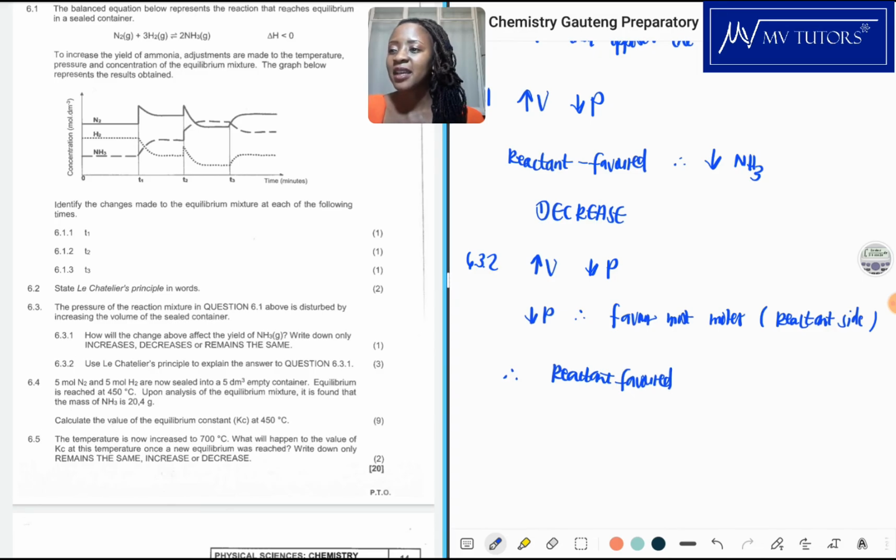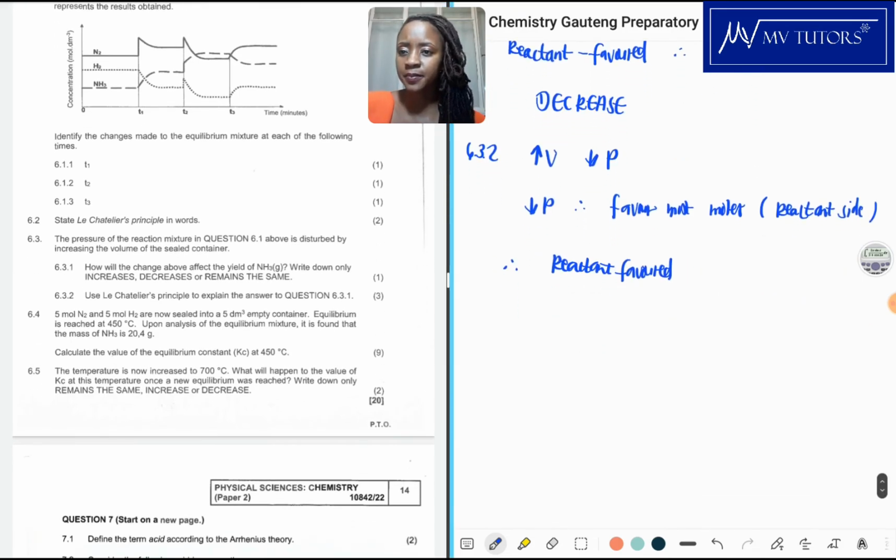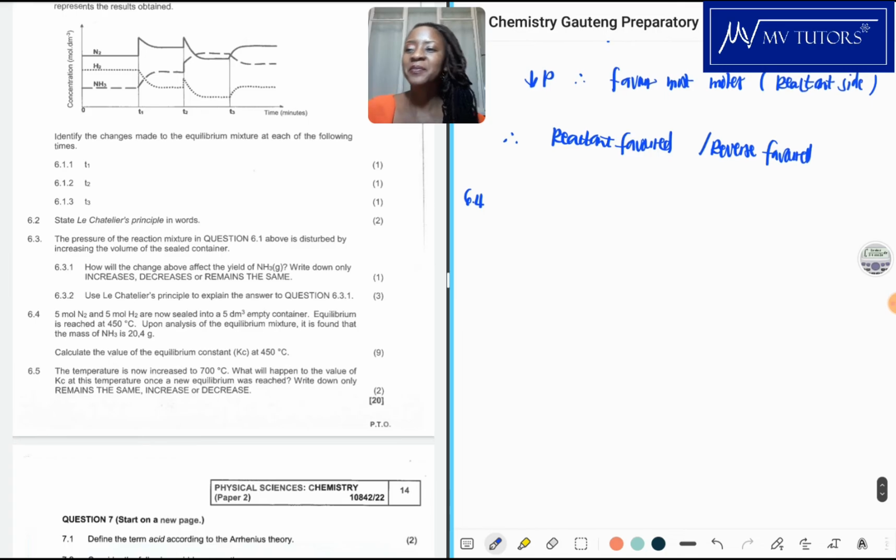Okay. And then 6.4. You can either say reactant favored or reverse favored. Sorry, my handwriting.